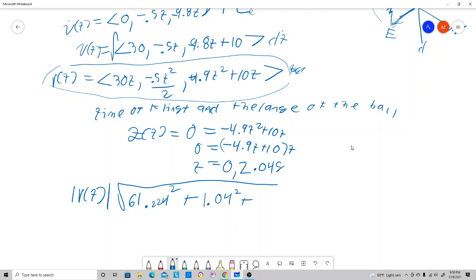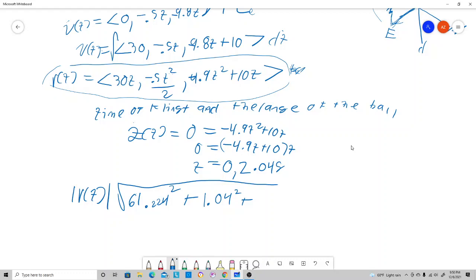Then plus, now we have the other component, negative 4.9 times the time squared plus 10 times the time.